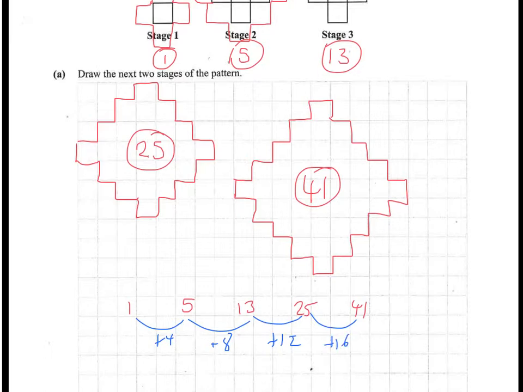As a result, we can see that the first level differences aren't constant, so it's not linear. When we look at the second level differences, we see that they're constant, and so therefore we know this is going to be a quadratic sequence, quadratic pattern.